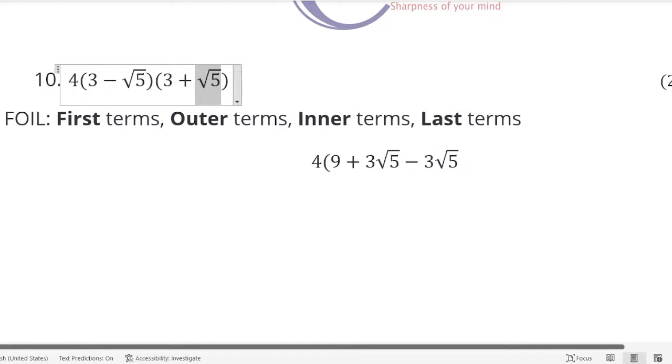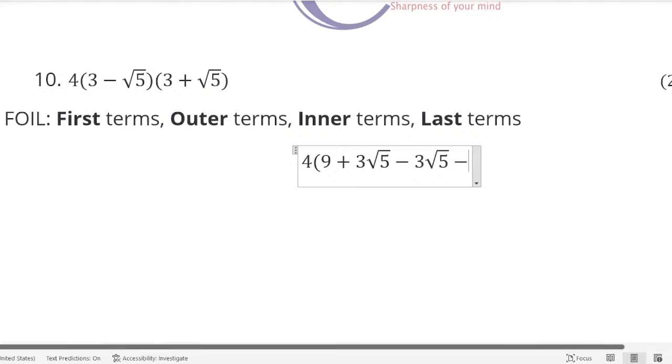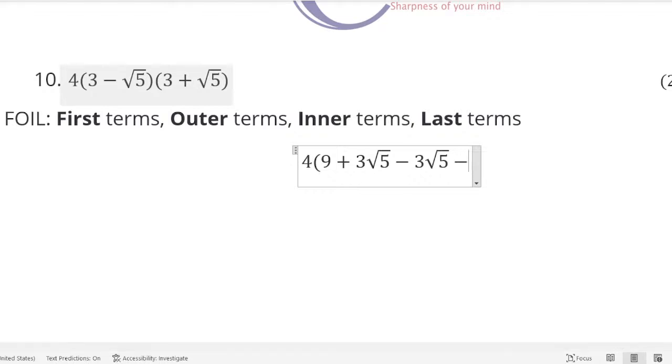Then negative root 5 multiplied by positive root 5 is going to be minus, then root 5 multiplied by root 5. Remember, when I'm multiplying a square root by a square root, they will cancel each other. Then we'll be left with 5 here.